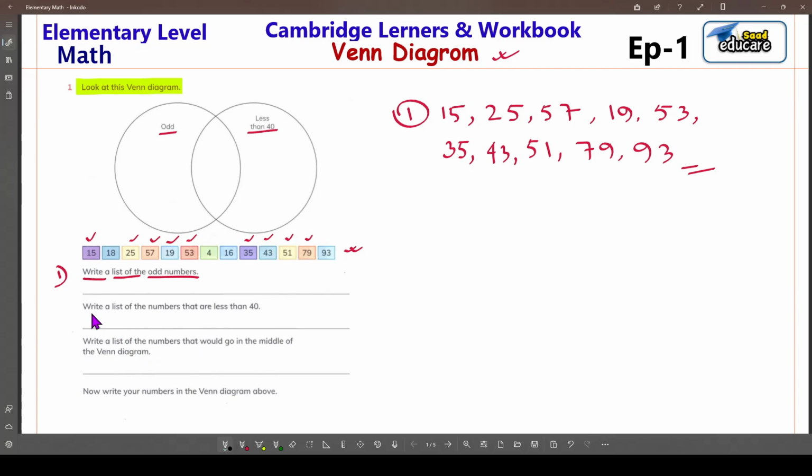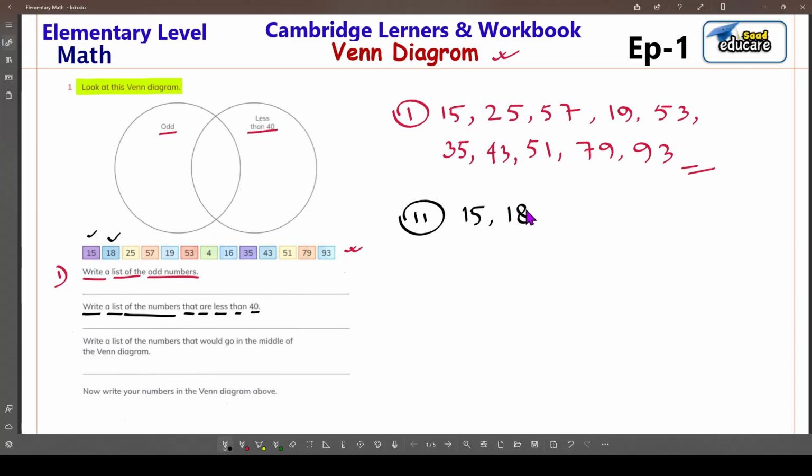Second, write a list of the numbers that are less than 40. So we have to find out the kind of number which is less than 40. So look, again we start from the beginning. 15 is less than 40, 15, 18.